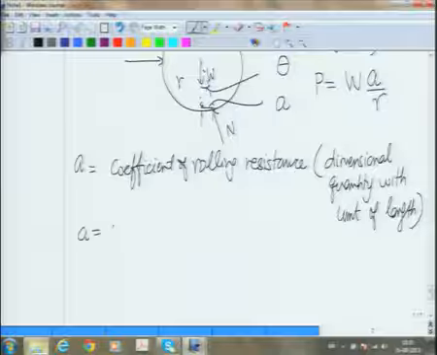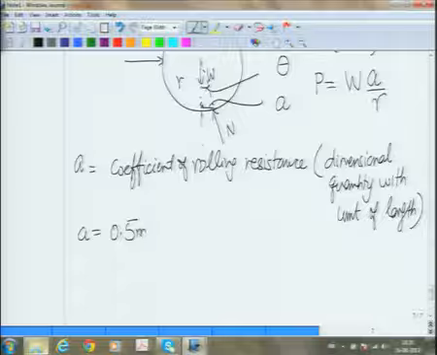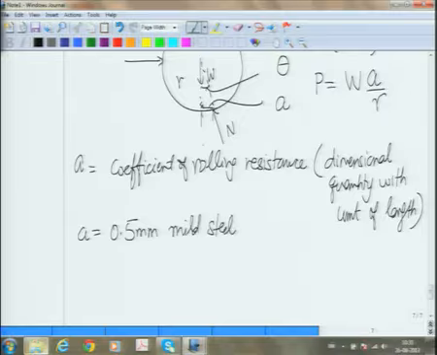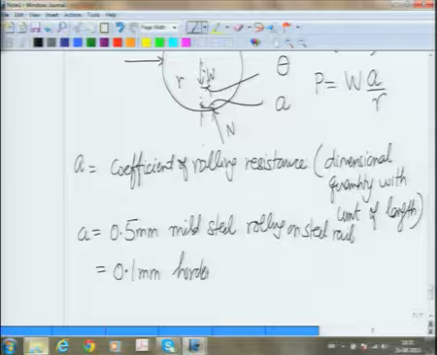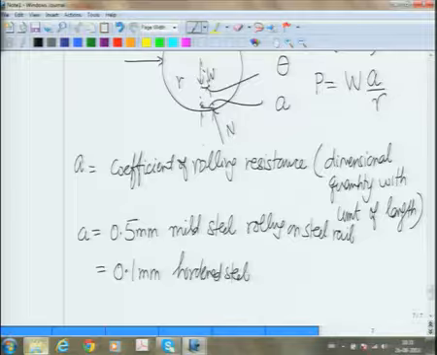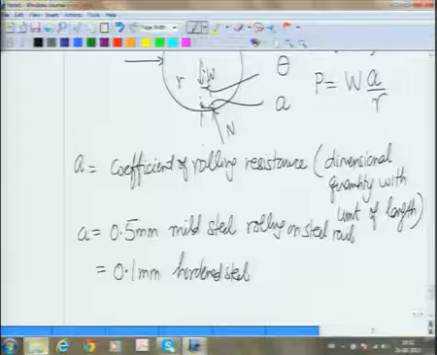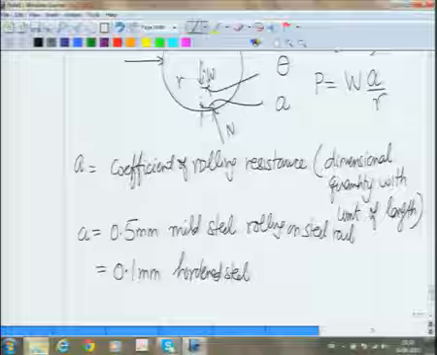And if I look at some numbers, typically a is equal to 0.5 millimeter for mild steel rolling on steel rail, and this is 0.1 millimeter for hardened steel. What would you expect the value of a for rubber?